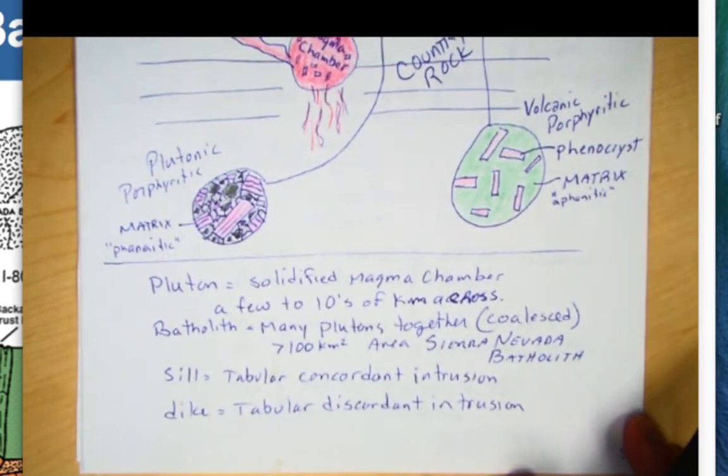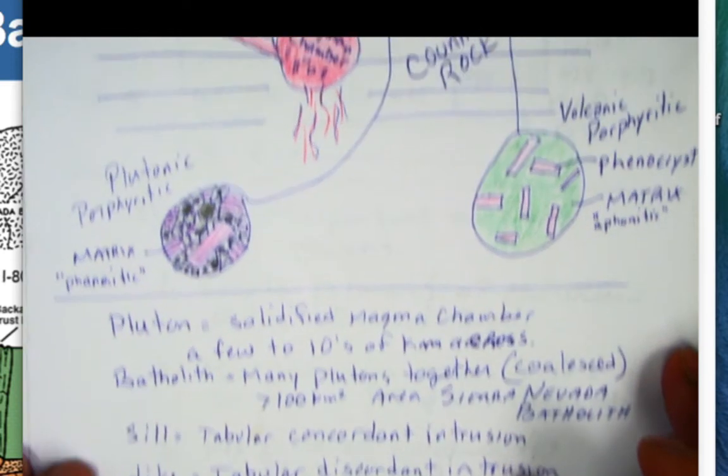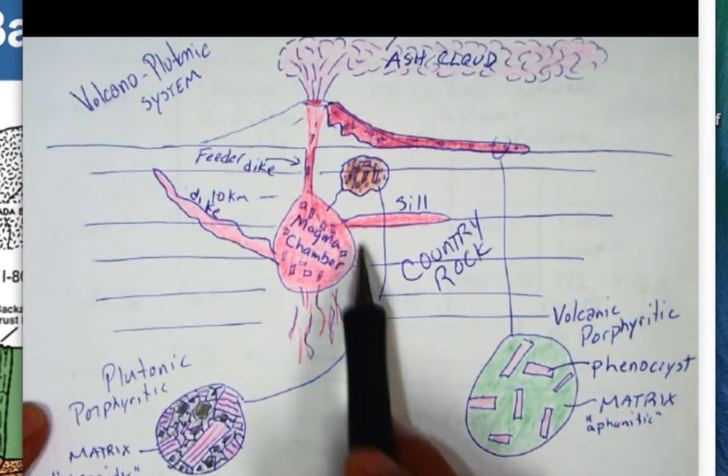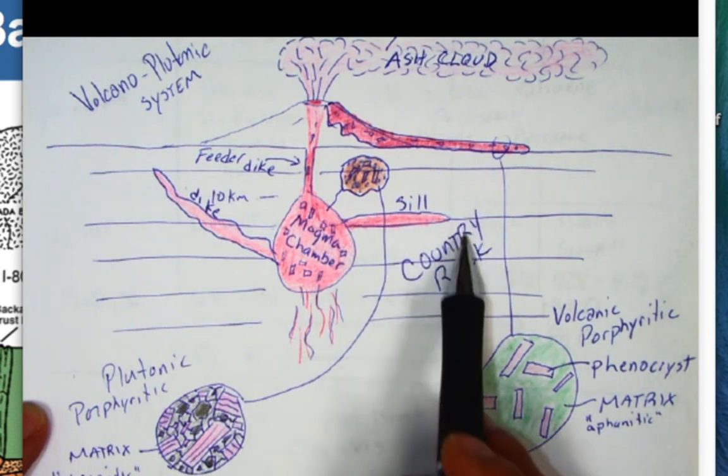Now for the sill, note that the sill would be a tabular concordant intrusion. In other words, it conforms, or that intrusion takes advantage of a pre-existing weakness between sedimentary layers. And there we go, it's between these two strata right here.